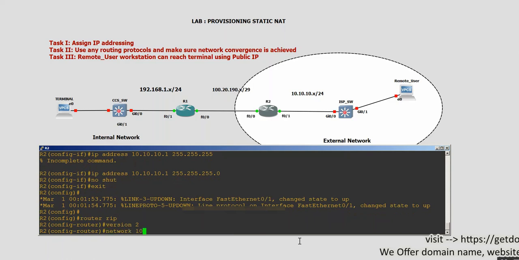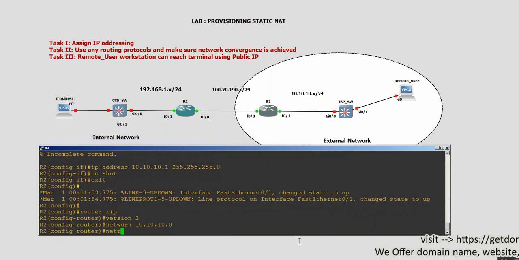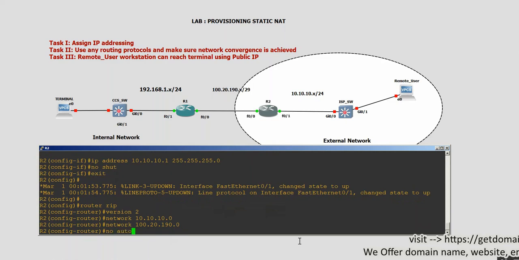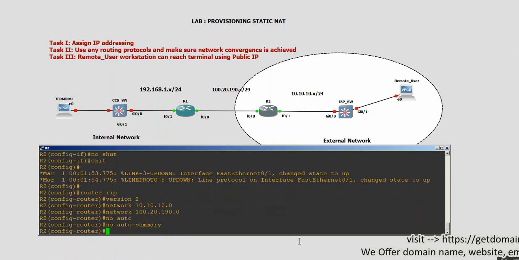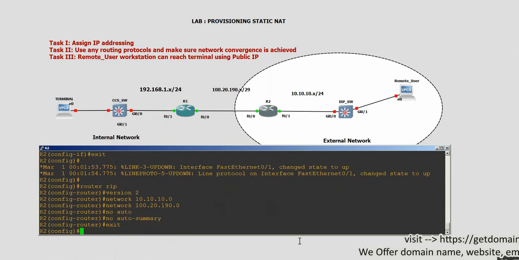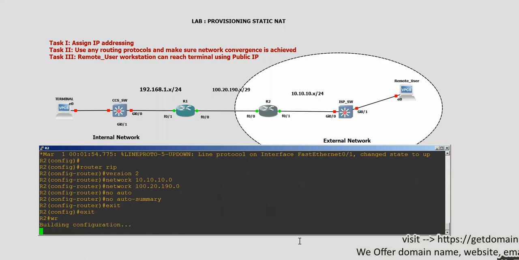Network 10.10.10.0. Network 100.20.190.0, and no auto-summary. Let's save our config.